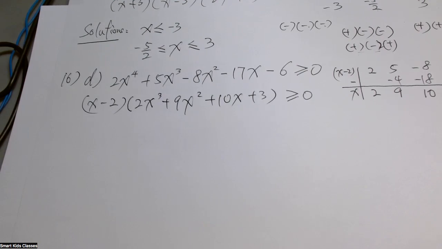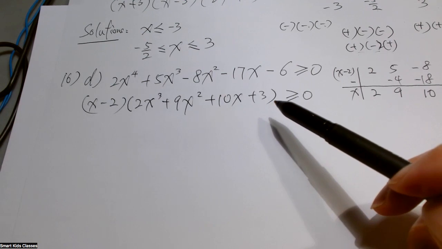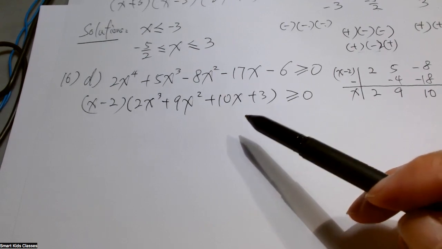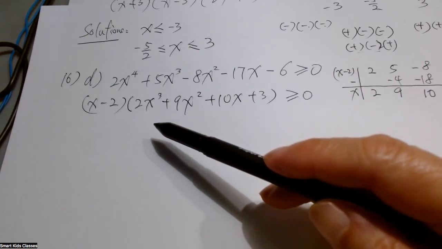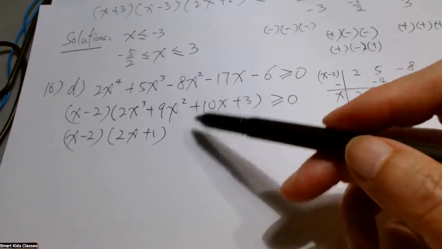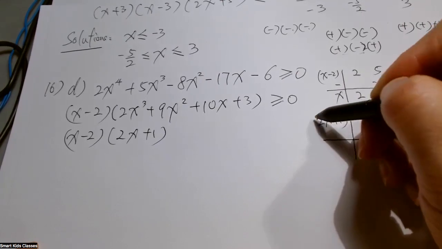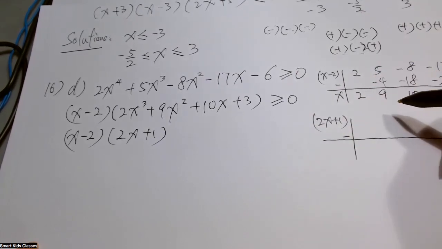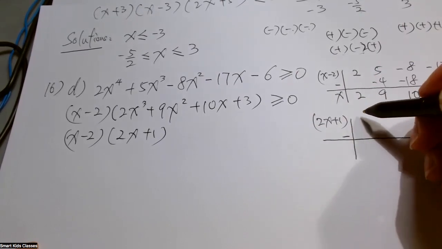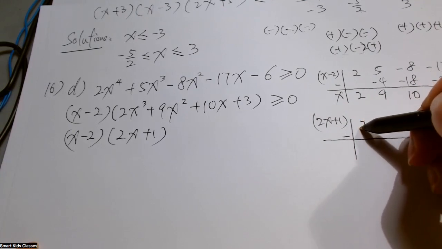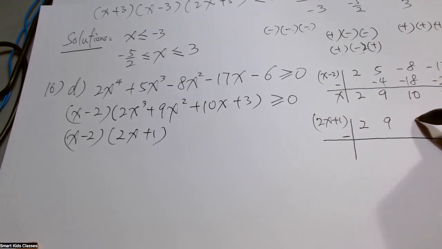What factor are we going to get? We have a 2, so it will be 3 over 2. We're going to try if it works. So we put 2x plus 1 here. The coefficients we have are 2, 9, 10, and 3.